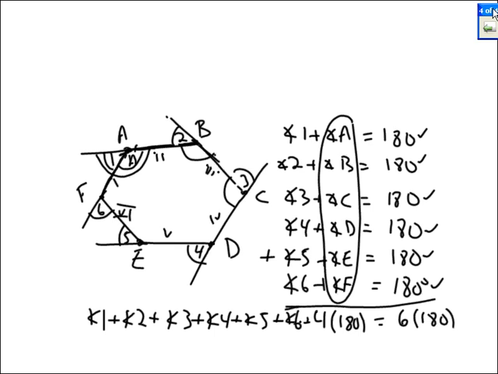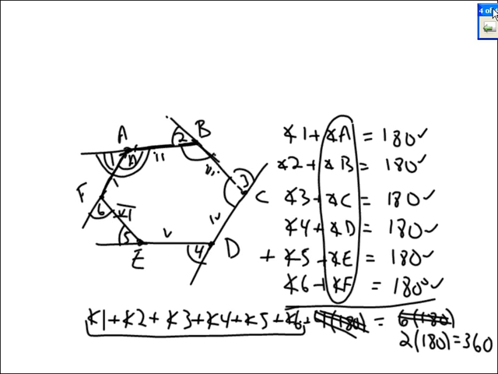Well, if you take away 4 times 180 on the left side, you're just left with the sum of angle 1 and angle 2, angle 3, all the way up to angle 6. Those exterior angles. Okay, and if you take away 4 times 180 on the right side, you'll be left with 2 180s, which happens to be 360.